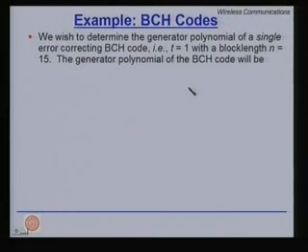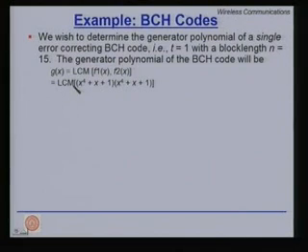So, now let us look at an example of constructing the generator polynomial for a particular BCH code. Here let us start with a block length n equal to 15, and we wish to construct a single error correcting code, that is t equal to 1. Then the generator polynomial for the BCH code can be written as g(x) equal to LCM of f1(x), f2(x), and so on till f2t(x), but t is equal to 1, so we stop at f2.